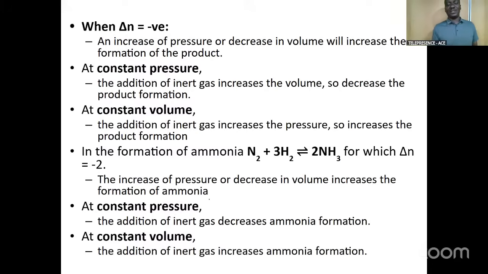And of course, that means that the volume is decreased. Whether it is increase in volume or decrease in pressure, they go hand in hand. So that is the effect of change in pressure and volume for a system where delta N is negative. I hope that should be clear for all of us to understand.